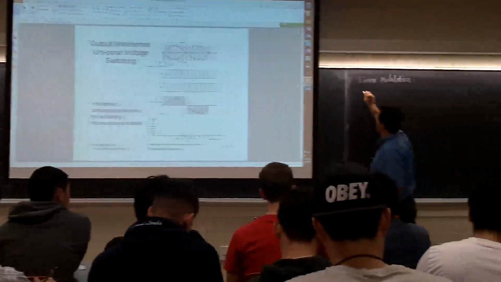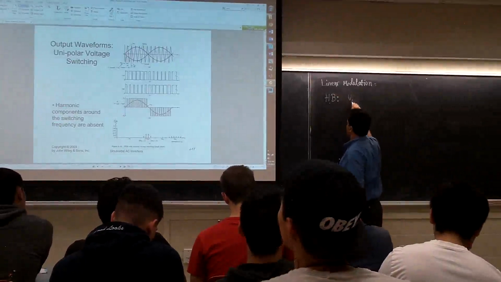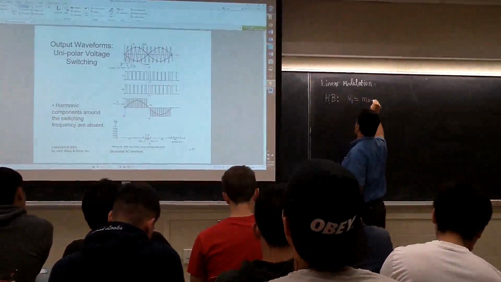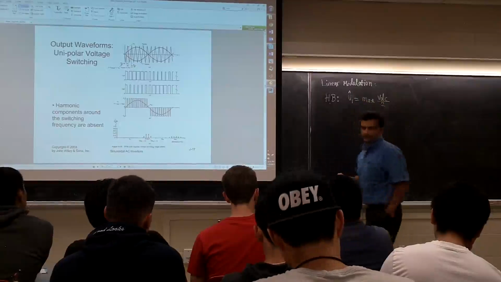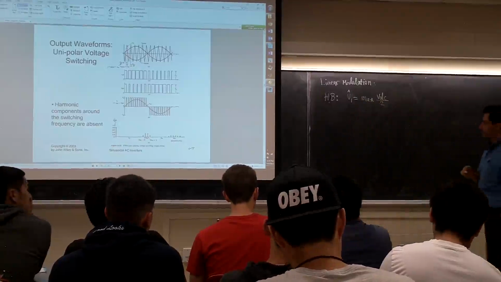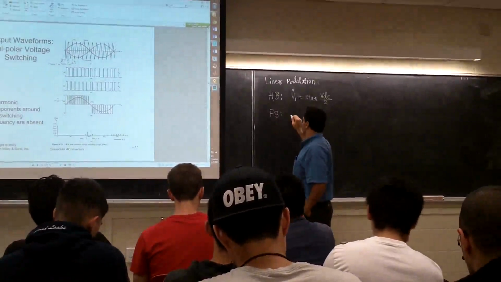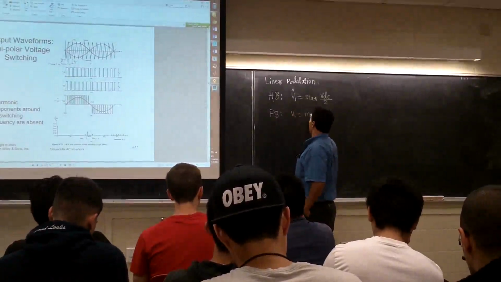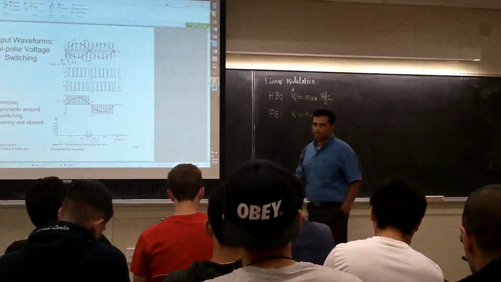For the half bridge, V1 was MA times VDC over 2, and this is the max. That was the V1 max, MA times VDC over 2. And for the full bridge, V1 was MA times VDC, right?